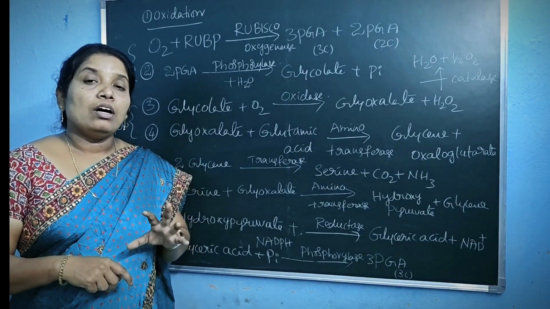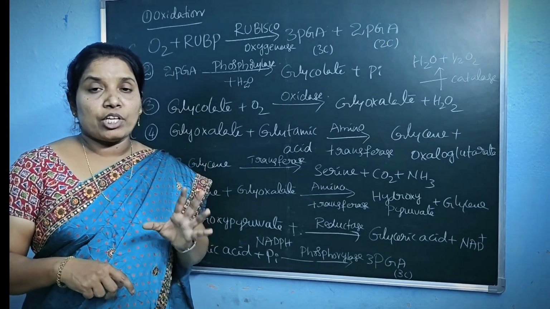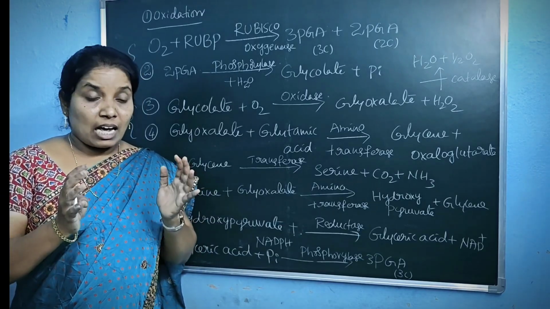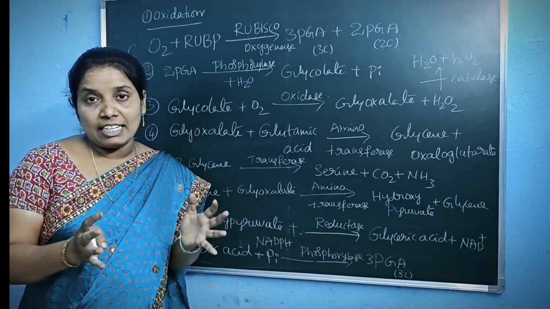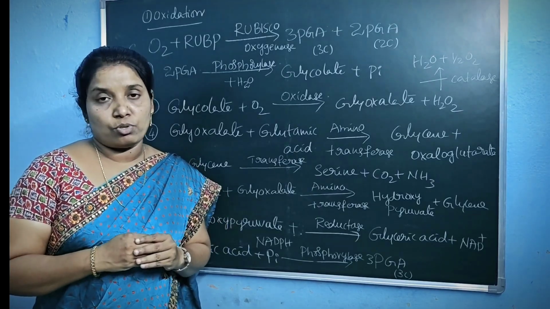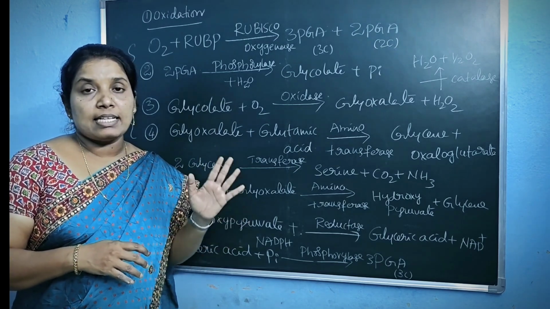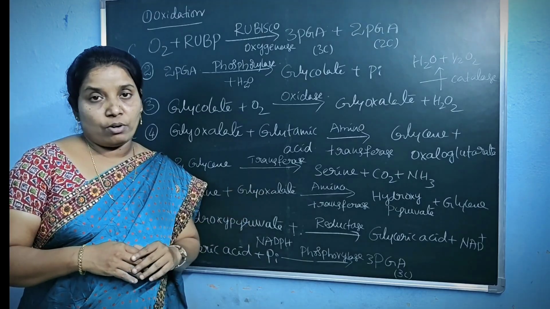In case of CAM plants, in the daytime CO2 is released in the mesophyll cells. So that concentration of CO2 in the mesophyll cells facilitates the carboxylation reactions only. In this way, C4 plants and CAM plants avoid photorespiration loss.